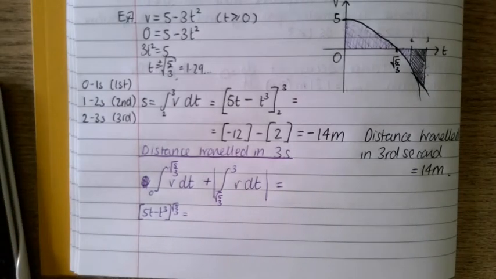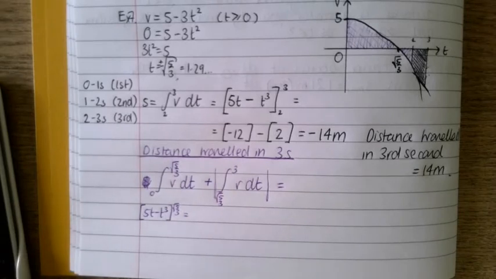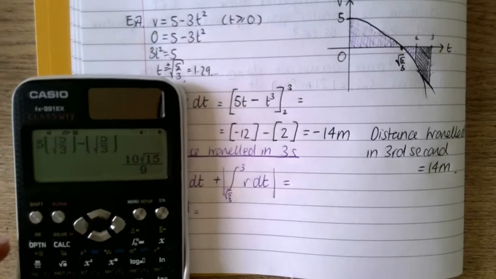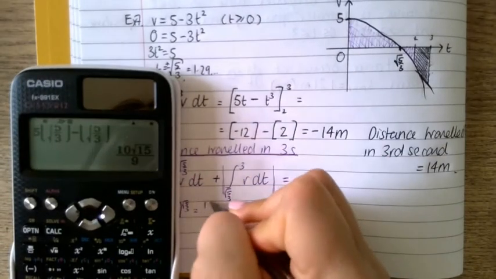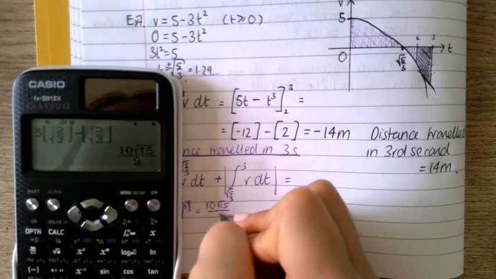So 5 multiplied by root 5 over 3, take away root 5 over 3 cubed. Okay, and I get, I'm just going to keep all of this in exact form, 10 root 15 over 9.